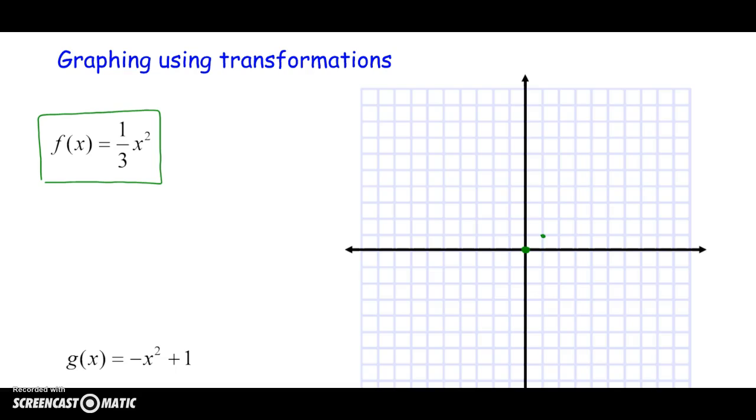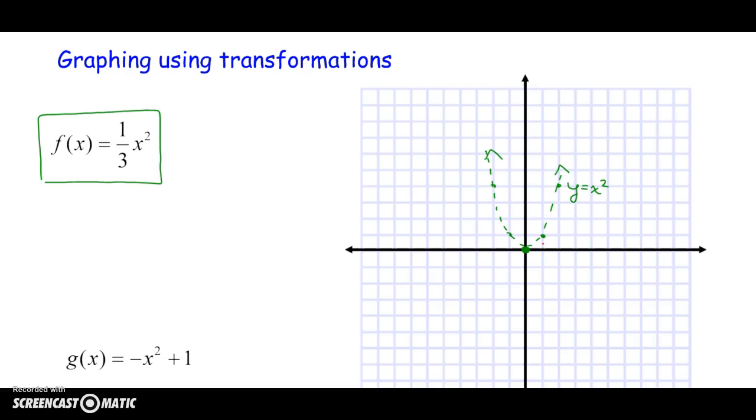A normal parabola, y equals x squared, is going to be right here. But ours is going to rise actually not quite as fast. What we would have is our parabola would actually rise 1/3 as fast.